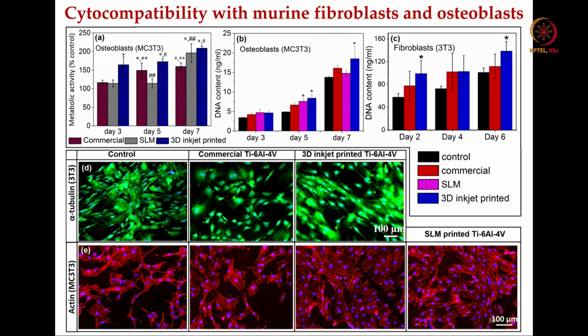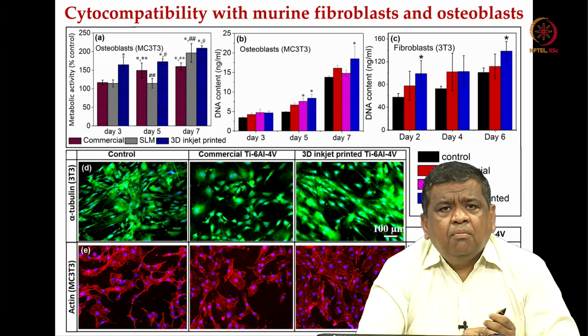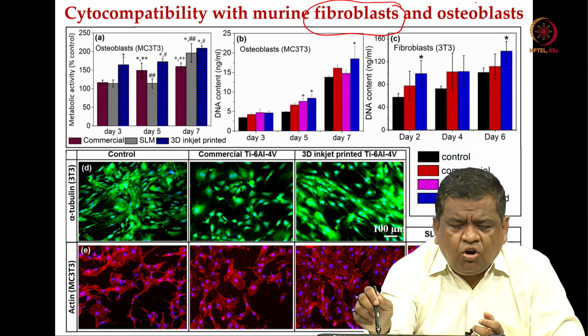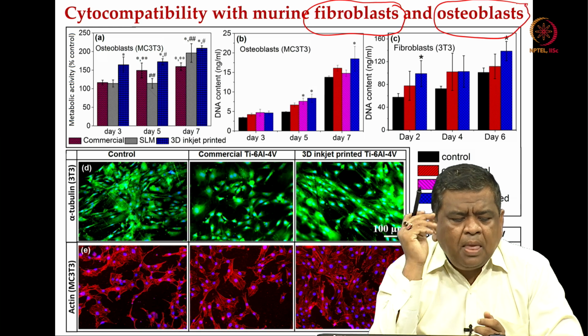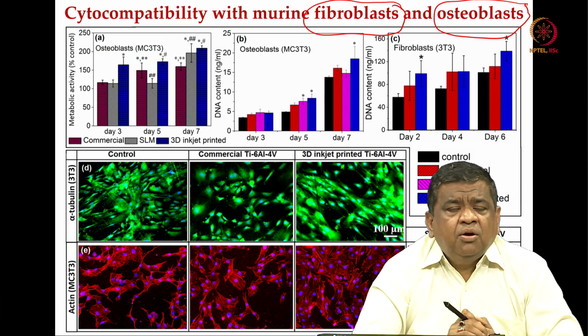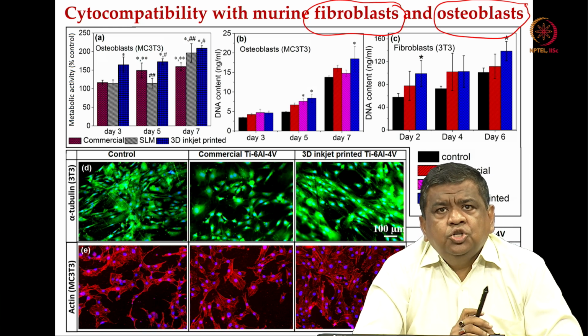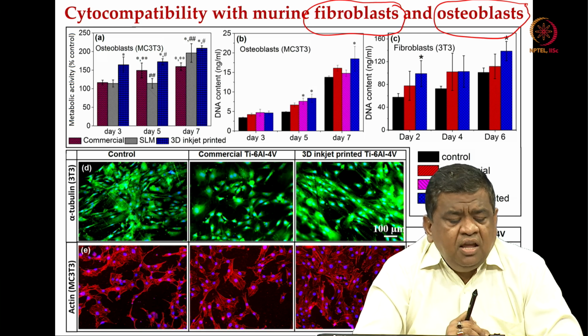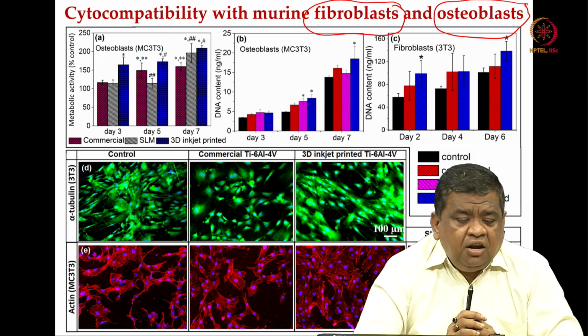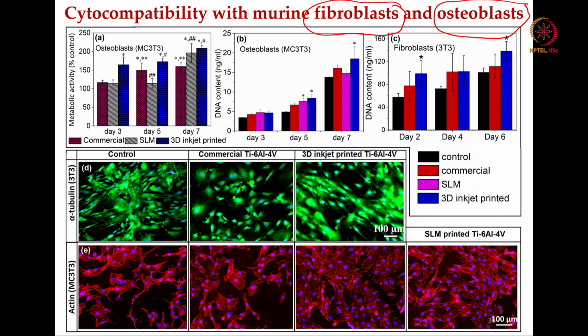So, we have done some cytocompatibility analysis, or cell compatibility analysis, of these materials. We have used fibroblasts, that is connective tissue cells, and osteoblasts, that is the bone forming cells. This study was important because people may show concern about the use of a specific binder, and we have to be absolutely sure that any residual binder in the 3D binder jet printed structure does not cause any negative impact on cell viability.